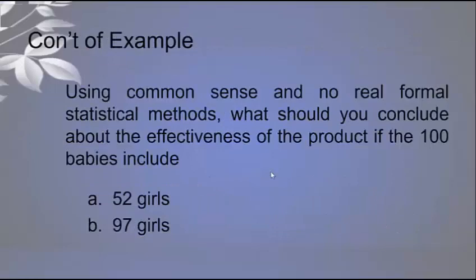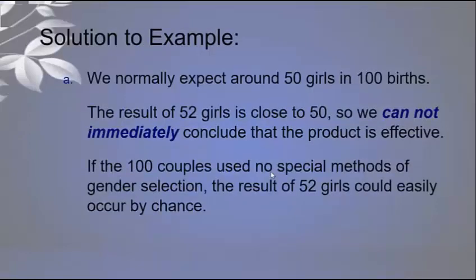Using common sense, no real formal statistical methods, what should you conclude about the effectiveness of the product if the 100 babies include A. 52 girls, B. 97 girls?